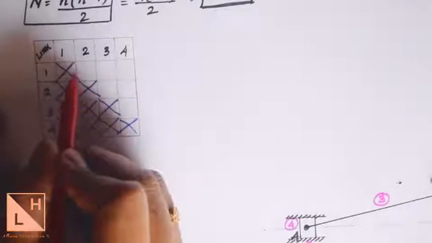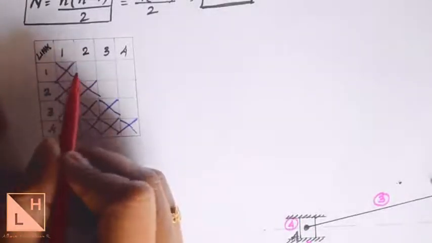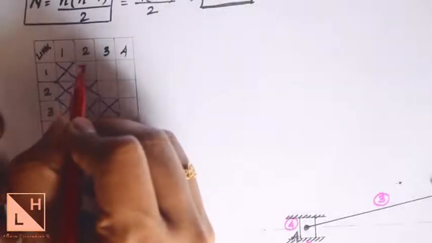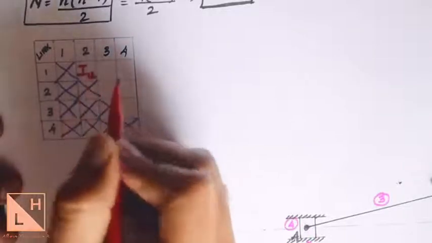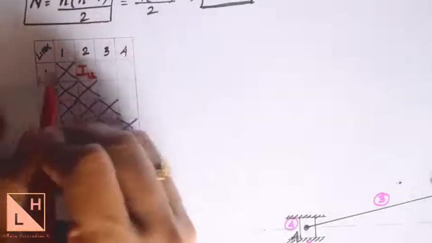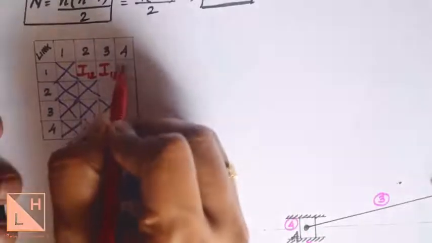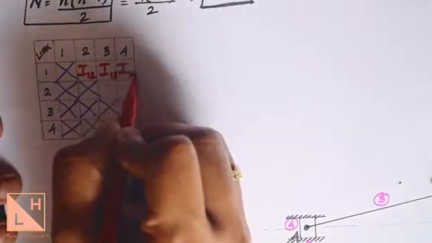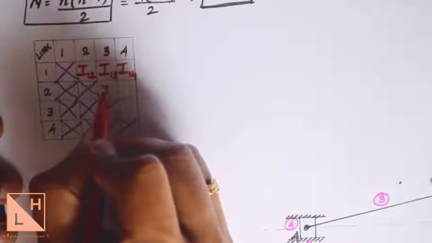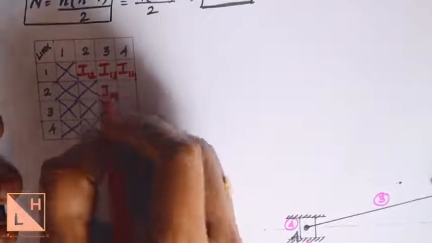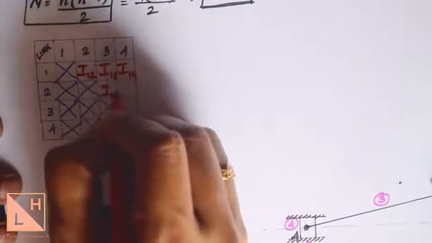So the first box is first row and second column, that is 1, 2. So this is going to give us I12, and then we have I13, and I23.